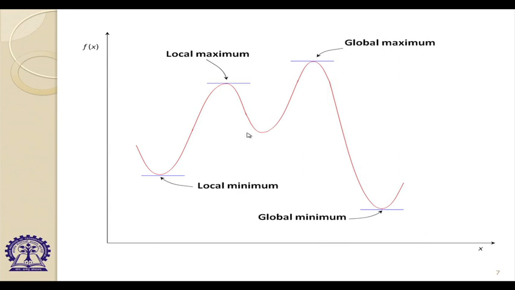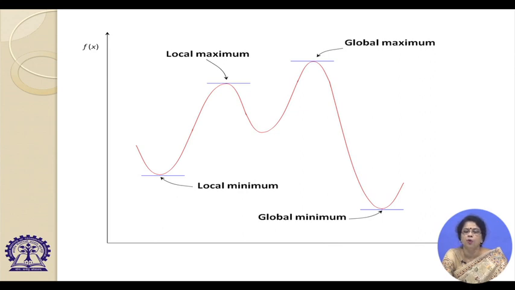That way we have to find out not only the optimal solution, the maximum and minimum, we need to find which one is the local optimal and which one is the global optimal. That is why you need to learn nonlinear programming in such a way that we get the optimal solution that is local as well as global.